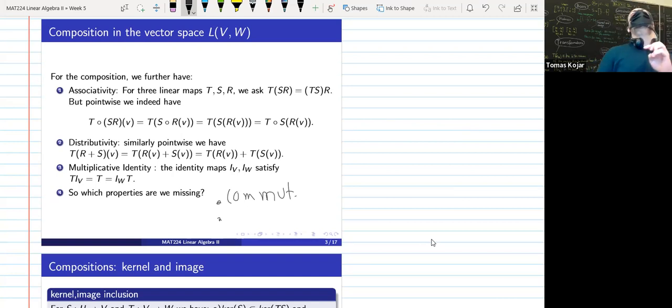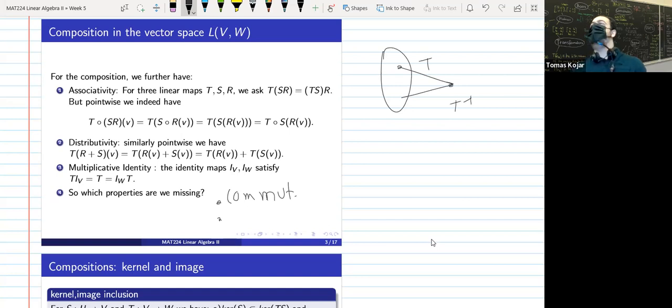The problem happens when you send 2 guys to 1, because then how do you define the inverse? You cannot split the image. So what is that called? What do you need to have an inverse?